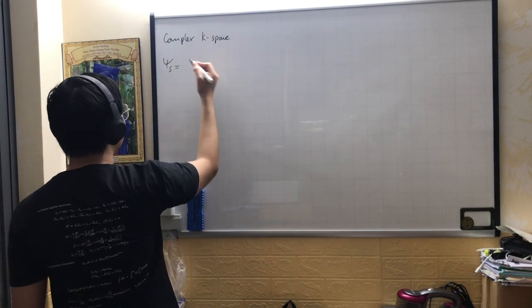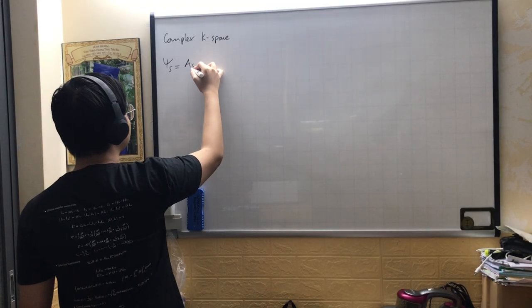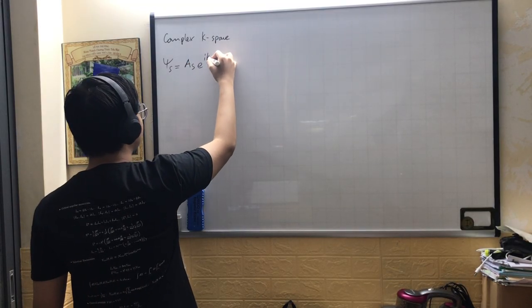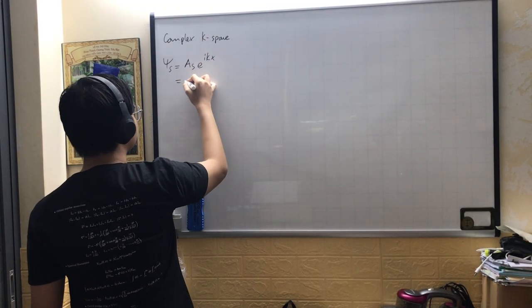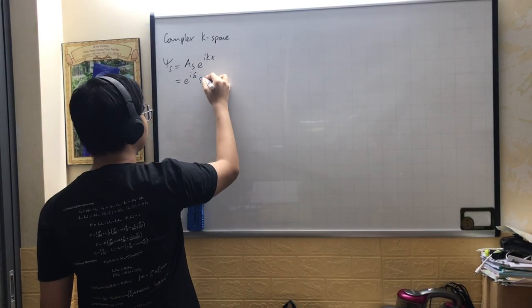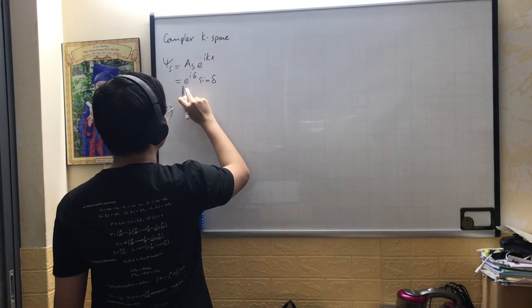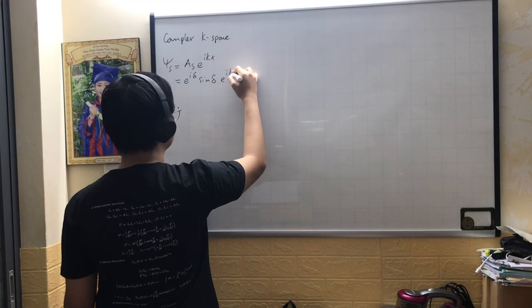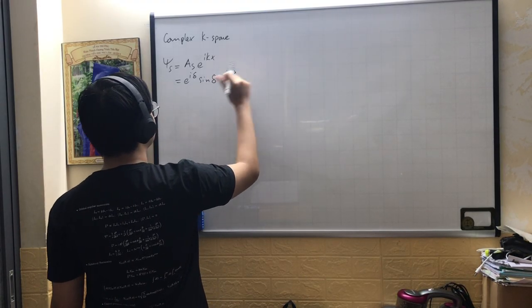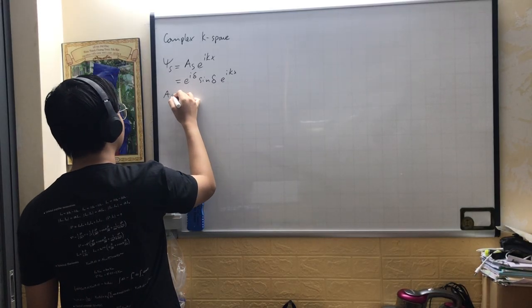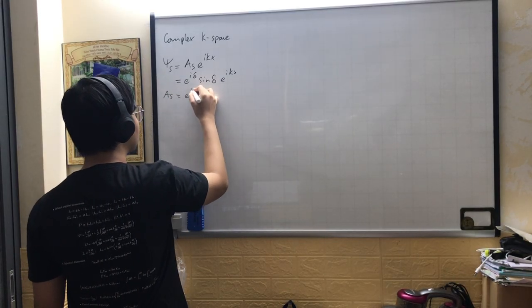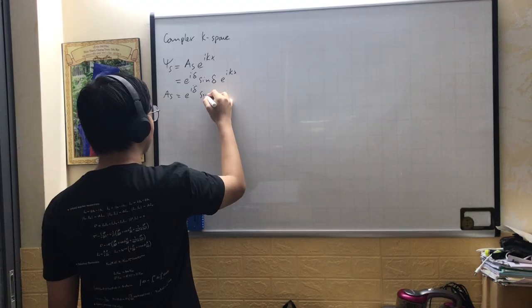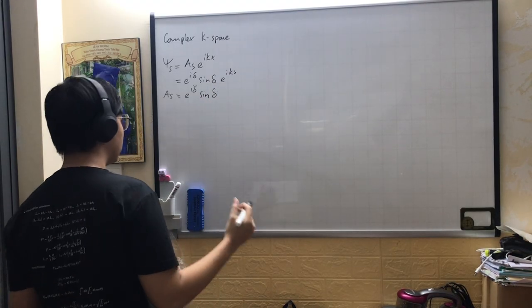So we first remember the scattering wave, which is this. A can also be written as e^(iδ) sin δ e^(ikx). So we get our A is equal to e^(iδ) sin δ.